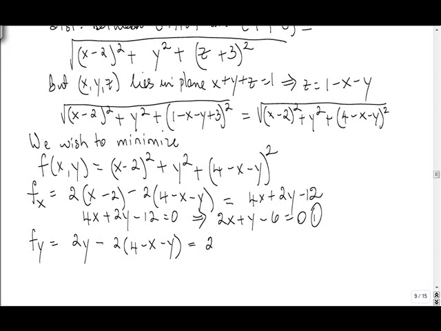Simplify again, 2x plus 4y minus 8. Put it equal to 0. Reduce: x plus 2y minus 4 is 0.